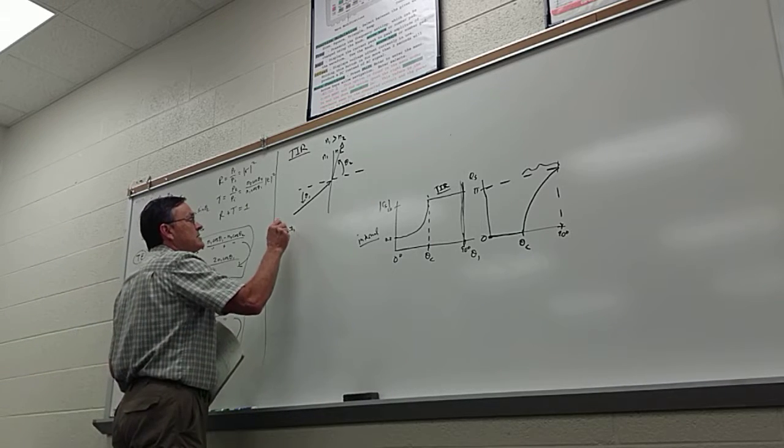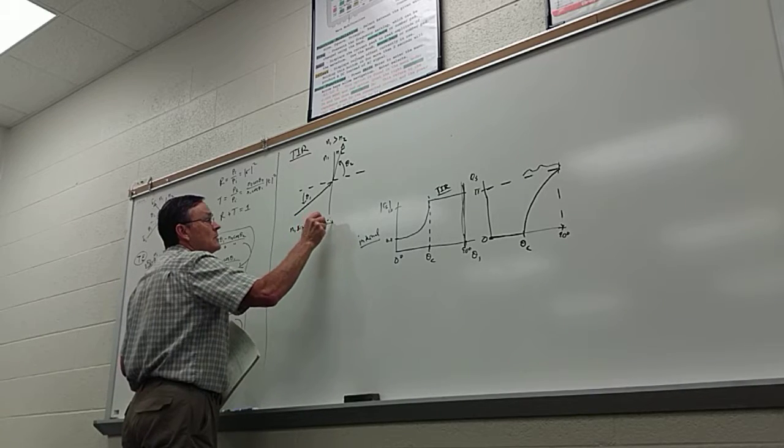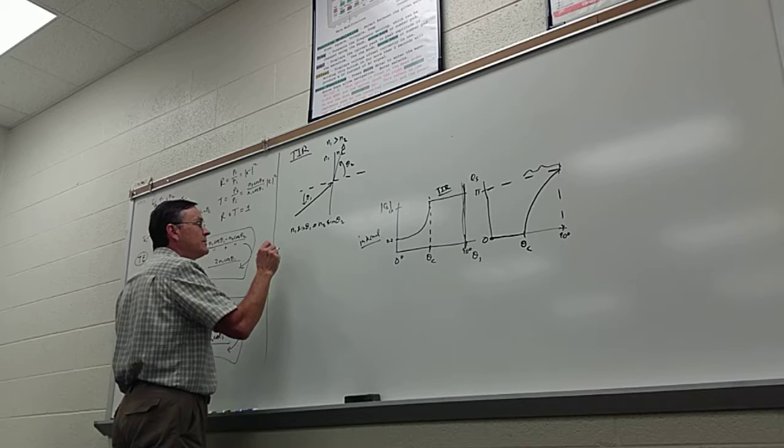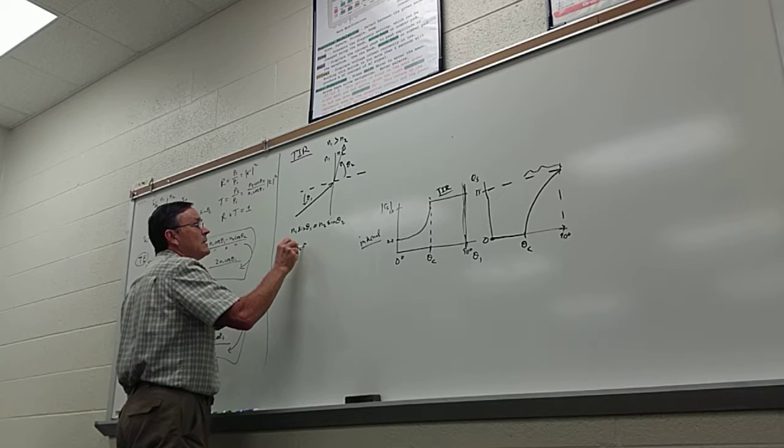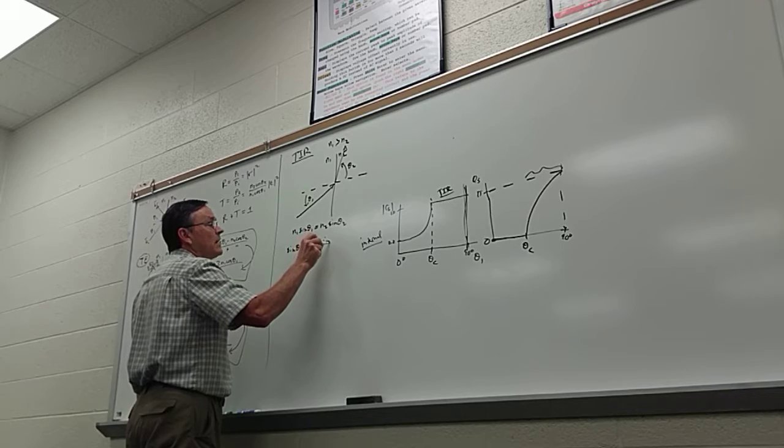And this is described by Snell's law. n1 sine theta 1 is equal to n2 sine theta 2. If I solve for sine theta 2, then that is n1 over n2 sine of theta 1.